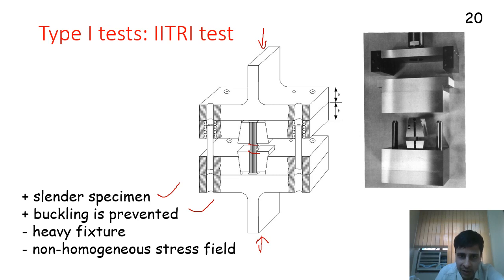The disadvantage is the entire fixture is quite heavy, and in this narrow region where you are interested you can have a non-homogeneous stress field, where maybe in this region you have high stress, maybe here you have low stress, which you should avoid. So this does not give you a very accurate or repeatable idea about the strength, but it is useful for comparing. If you test 2 materials by exactly the same test standards, then you can say material A has higher or lower compressive strength or modulus as compared to material B.